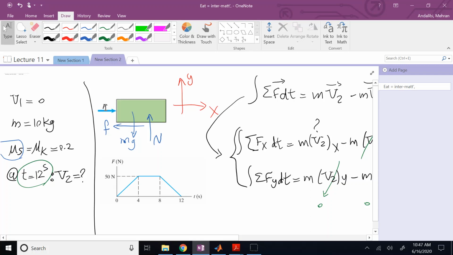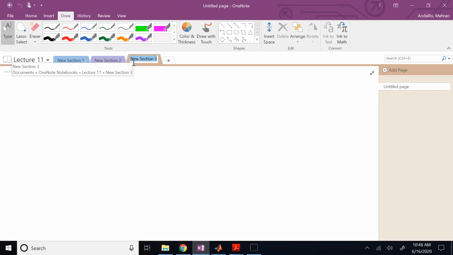A max capacity, which is mu s times n, and then after that, what happens? The friction cannot keep up with you anymore. It surrenders, it gives up, and you push the object now. The motion starts, and when it gives up, the magnitude drops all of a sudden to a little bit smaller number, which is mu k times n, right?